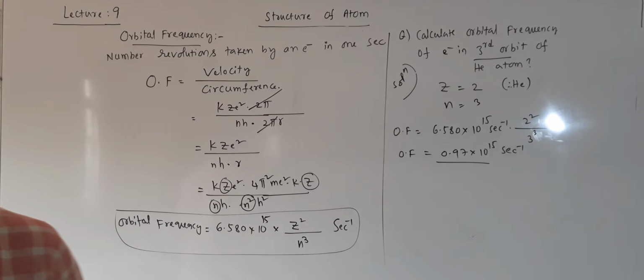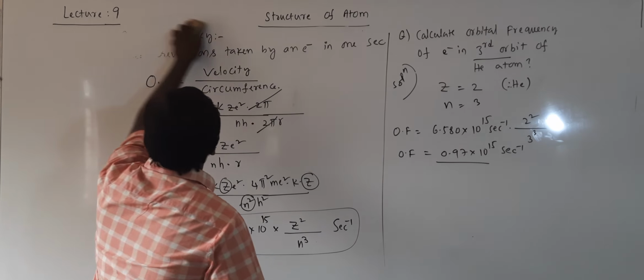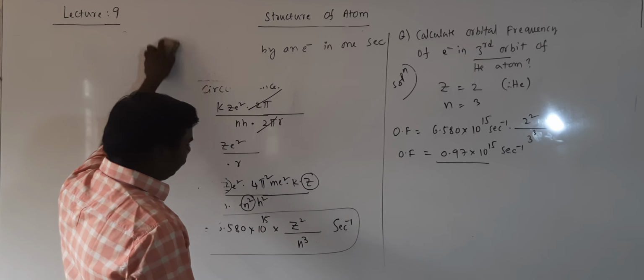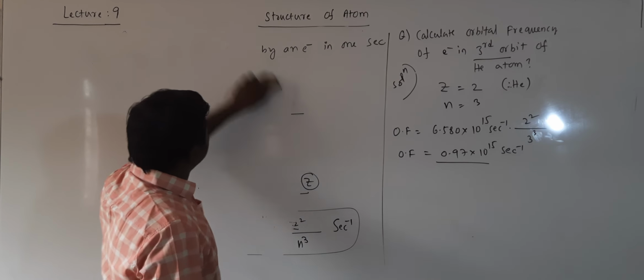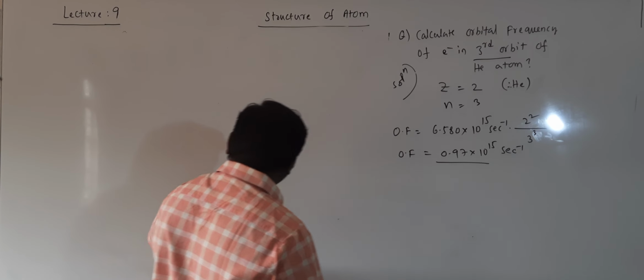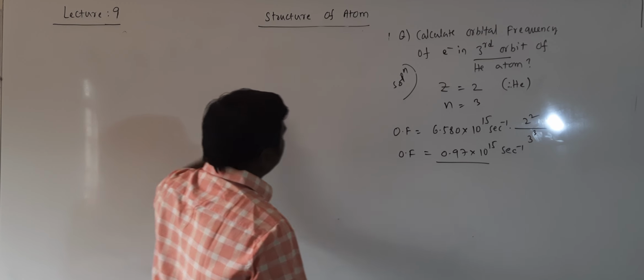Next, time period. Time period is the time taken for one complete revolution by an electron.